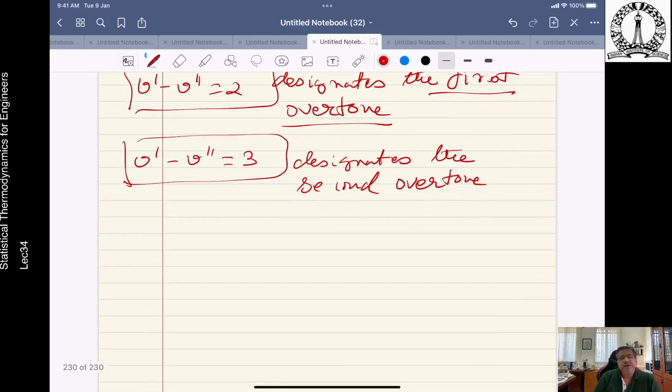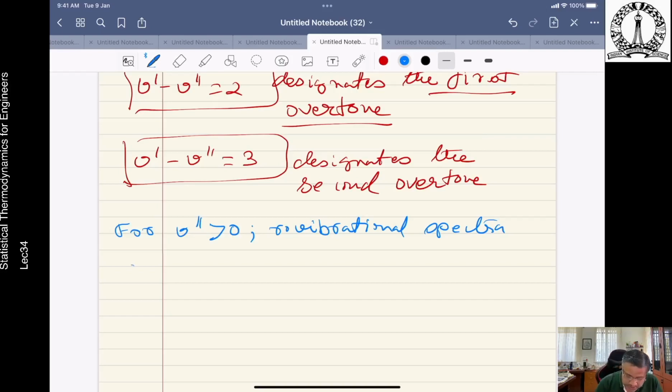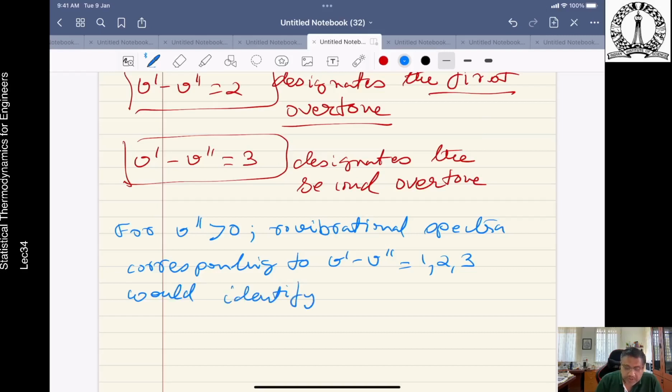Now, for V double prime greater than 0, the ro-vibrational spectra corresponding to V prime minus V double prime equal to 1, 2, 3 we identify by the various hot bands.